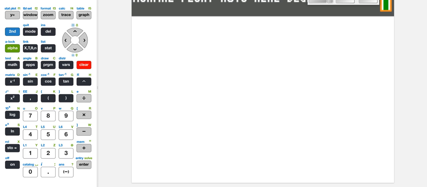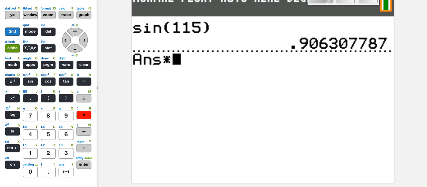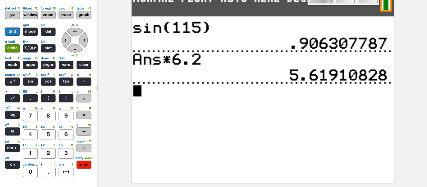Okay, so sine 115, close bracket, and then times 6.2 divided by 10.8. You can try to put everything together. In the past, I had students who screw up that, so that's why I did each one separately.